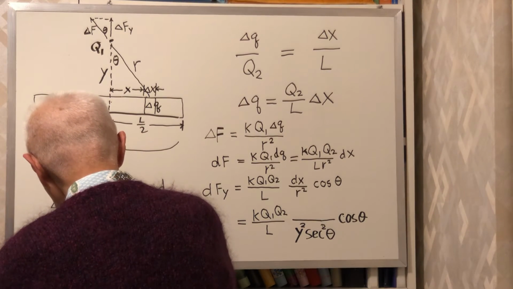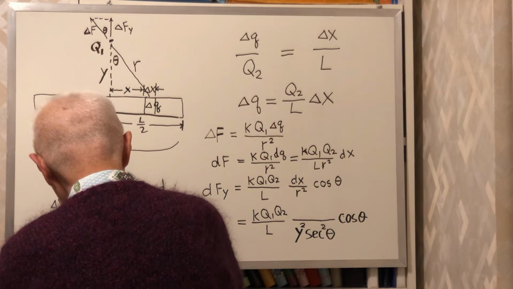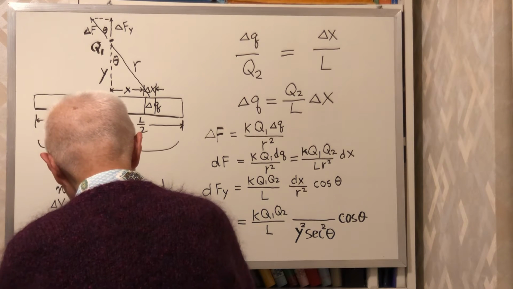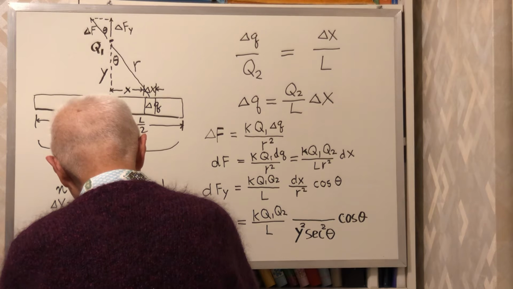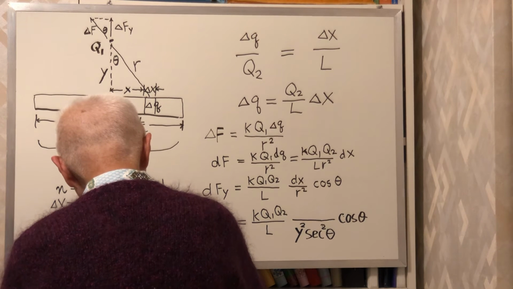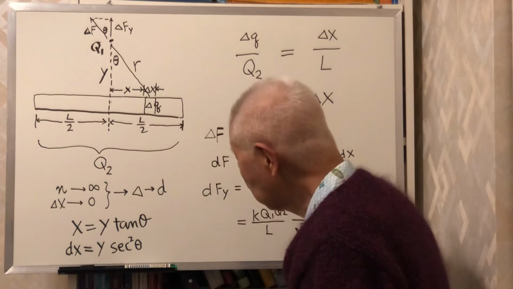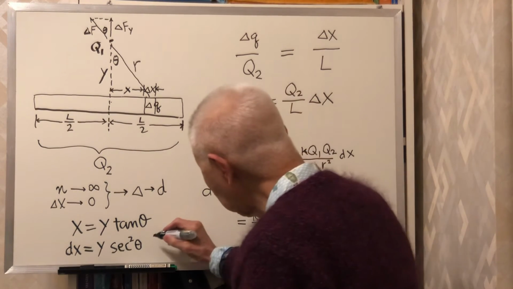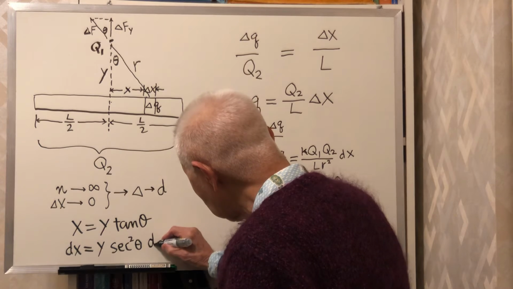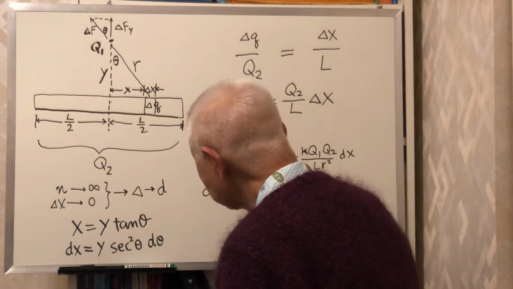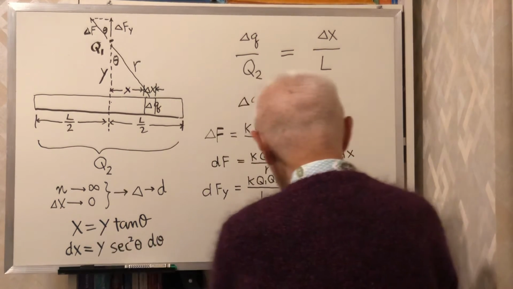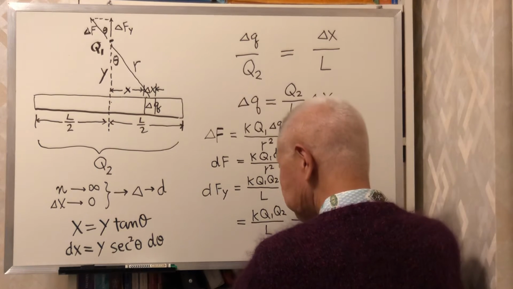Then dx is y d tangent theta. What is d tangent theta? D tangent theta is secant square theta d theta. So I put this here in the numerator.